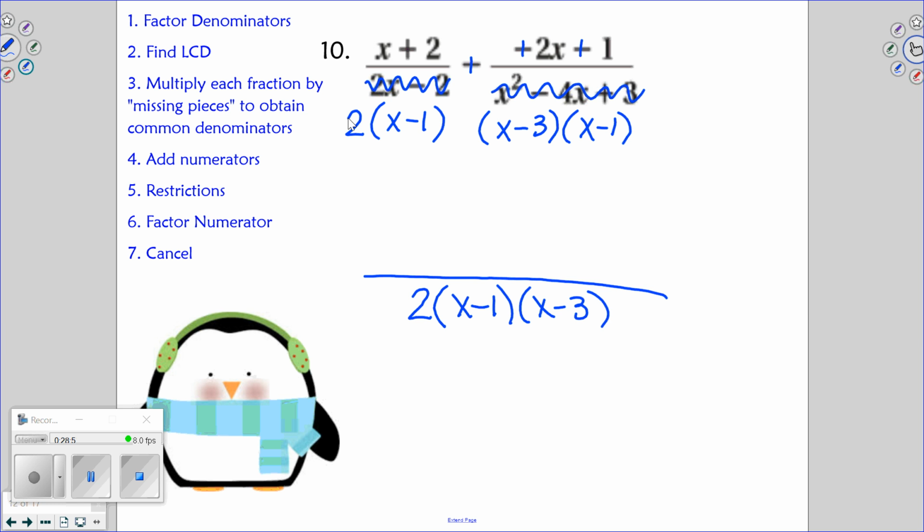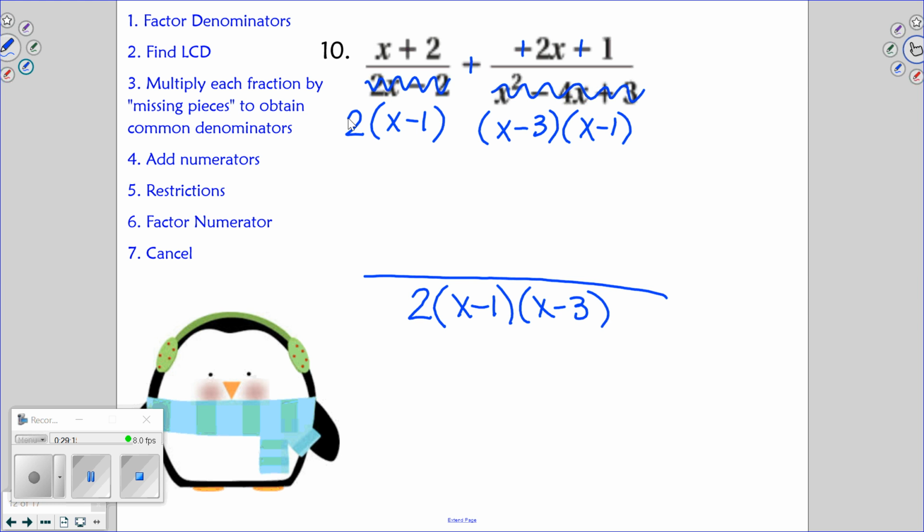Don't make this harder than it has to be. I'm going to work my way across. I need a 2. I need an x minus 1. I need an x minus 3. I already had the x minus 1 down there. There was 1 x minus 1, 1 x minus 1. I only need 1 x minus 1. That's what I do when I work through these. I work from one side: I need that, I need that, oh, I already got that. I'm just working my way across, making sure I got everything.